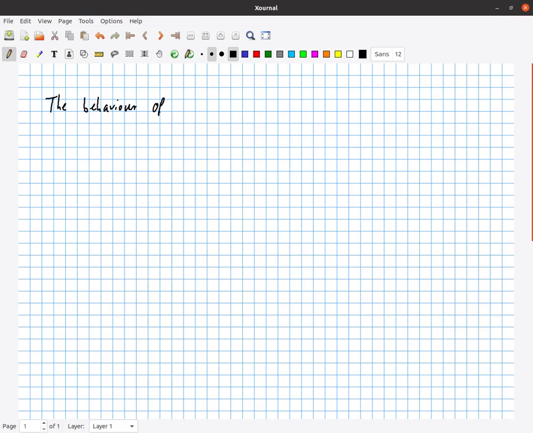The behavior of freely falling nearby test particles is described by the geodesic deviation equation.